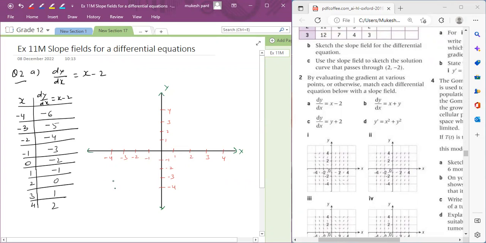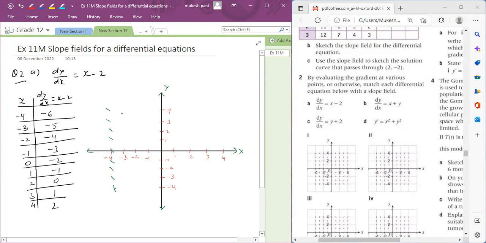At this point x is -4, so the gradient is -6, negative, and we draw it like this. This point also is negative, and here also negative. So all these points will be like this.